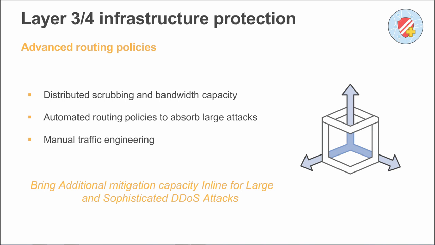And the third technique that we use is the advanced routing policies. As we talked about earlier, AWS has a large network of data centers and AWS edge locations. During an attack, we use this large network of scrubbing and bandwidth capacity, which is available in each of our data centers and edge locations worldwide, to bring in additional mitigation capacity inline to mitigate large and more sophisticated DDoS attacks.